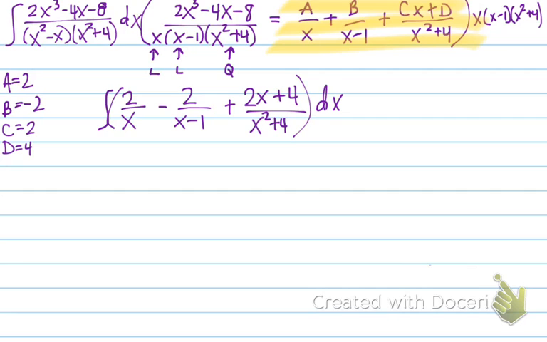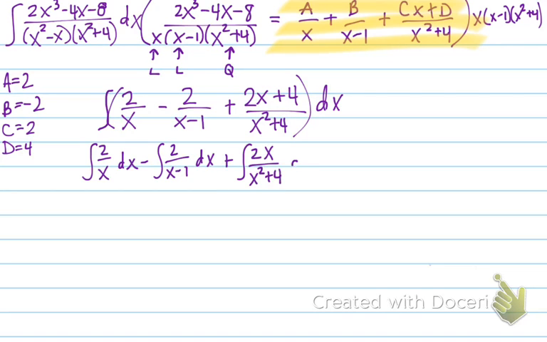Now I can split up this integral, and I can also split up that last fraction by separating the numerators. So I have the integral of 2 over x dx minus the integral of 2 over x minus 1 dx plus the integral of 2x over x squared plus 4 dx plus the integral of 4 over x squared plus 4 dx.